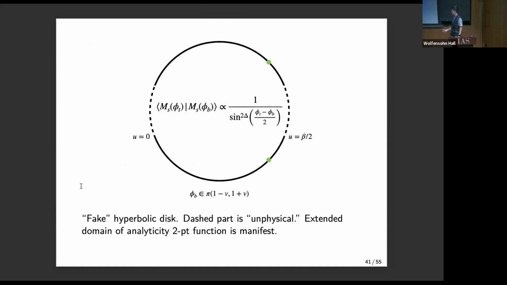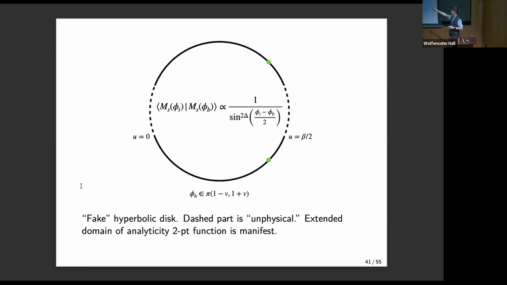And what we find is that the answers are quite simple if we introduce something that we call the fake hyperbolic disk. The fake hyperbolic disk is engineered to reproduce the correct 2-point function of large Q SYK. In large Q SYK, the answer for the 2-point function is just this factor here. And it looks like the conformal answer, except that you have to rescale time in a certain way.